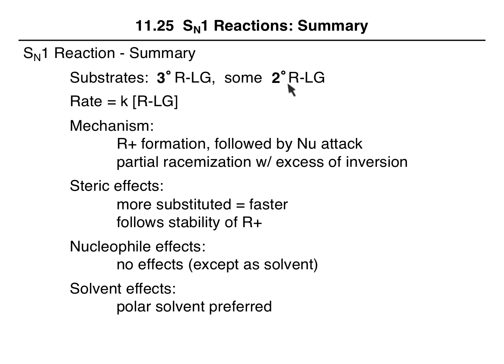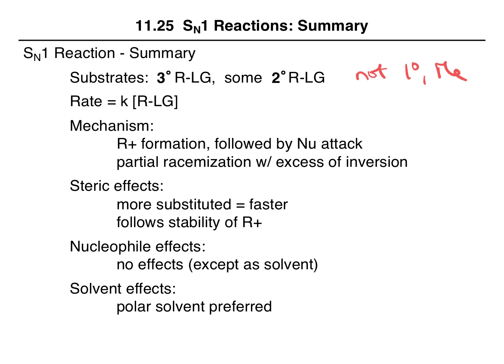It will work with some secondary as well, but it will not work with primary or methyl. Remember, for secondary alkyl halides or other substrates, if you have a moderate nucleophile, it can do SN2. If you have a very, very weak nucleophile, then it can do SN1.